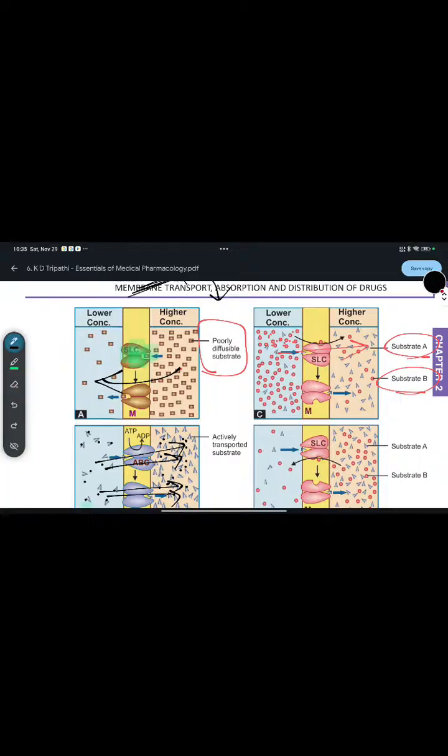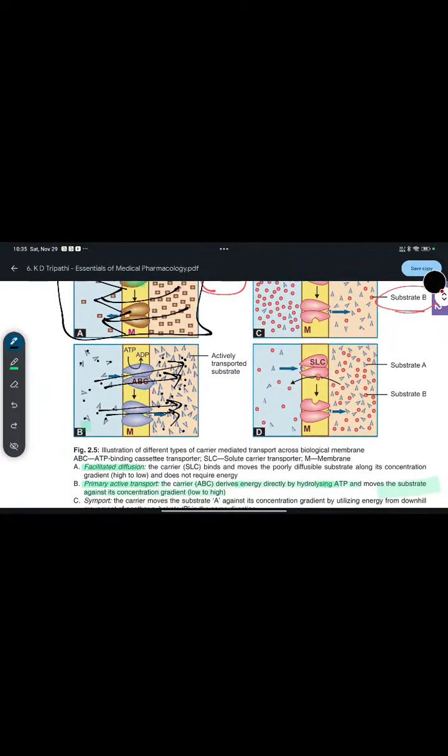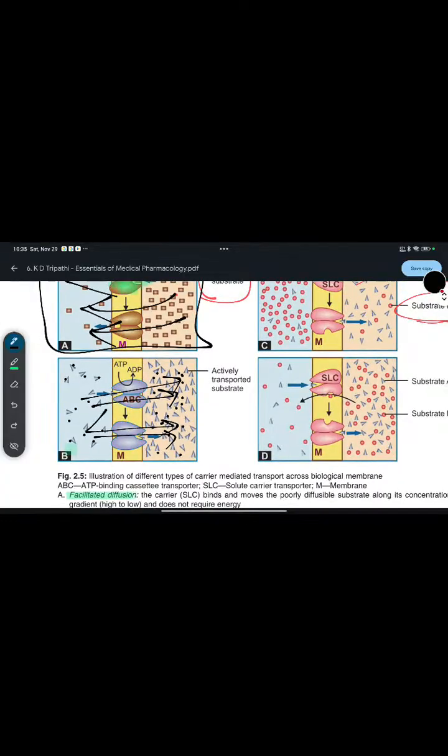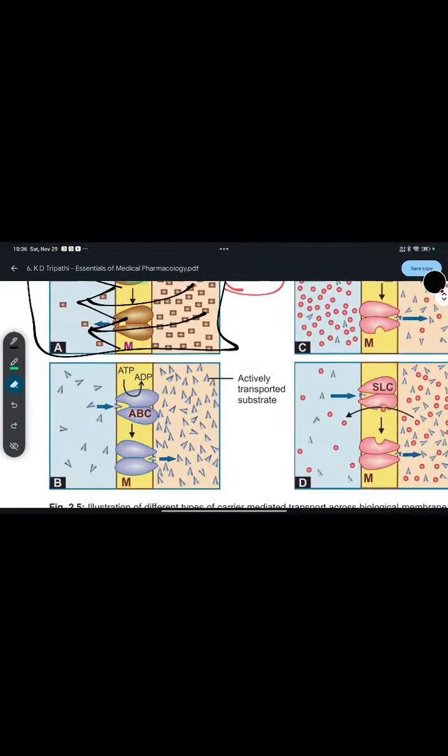In the same way, diffusion and osmosis are also spontaneous process and passive process. That's why there doesn't require any type of energy. In that case, from high concentration to low concentration, the substances will move passively and spontaneously without the expenditure of energy. But in the case of active transport, the substances will go from low concentration to high concentration with the expenditure of energy, or by uptaking the energy from the ATP. These energy are released by hydrolysis of ATP.